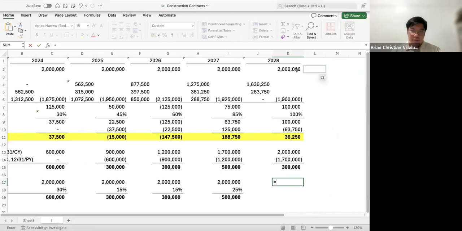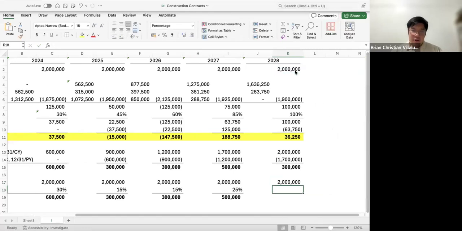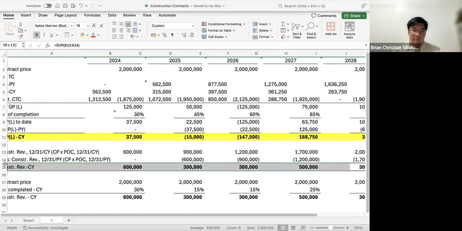Last one. 2 million times 100 less 85%. So, 300,000 construction revenue for 2028. Same? Yes, same. Okay? So, final answers for number 2, 5 rin ang sagot natin dyan.